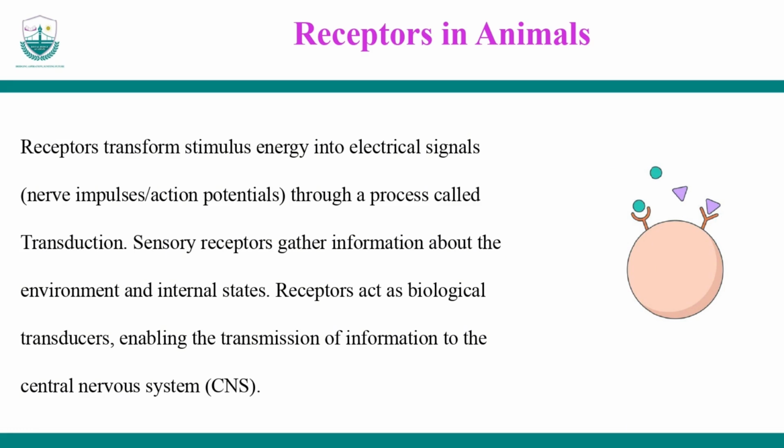We can call them electrical impulses, nerve impulses, or action potentials. They have that unique property that if they are stimulated, they convert that to electrical impulses.